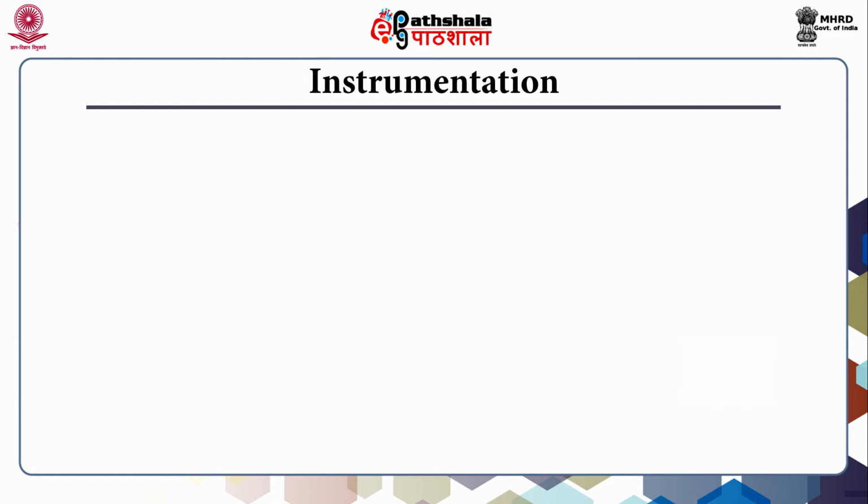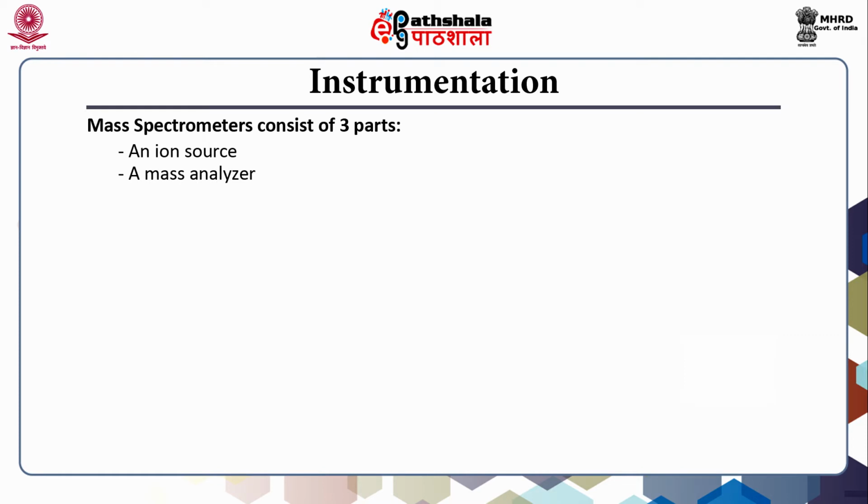Let us come to the instrumentation part of the mass spectrometer. Basically, mass spectrometers consist of three parts: first, an ion source; second, a mass analyzer; third, a detector system.